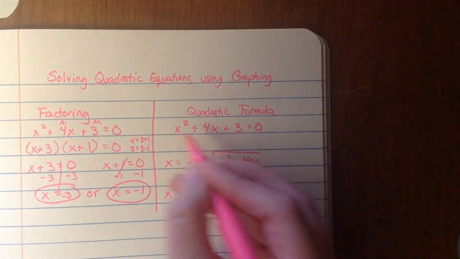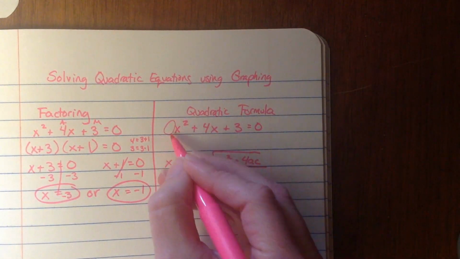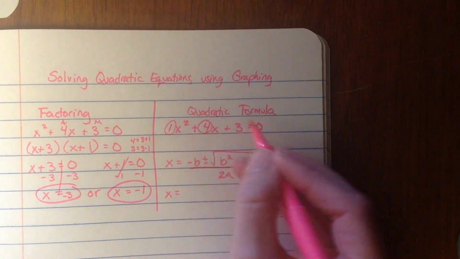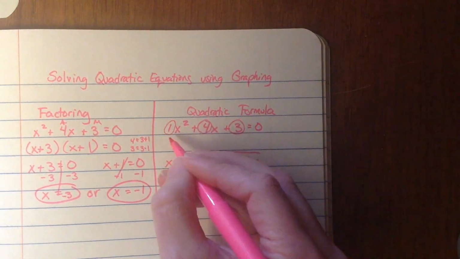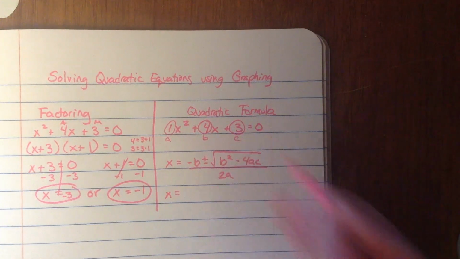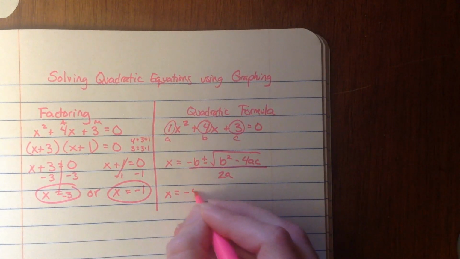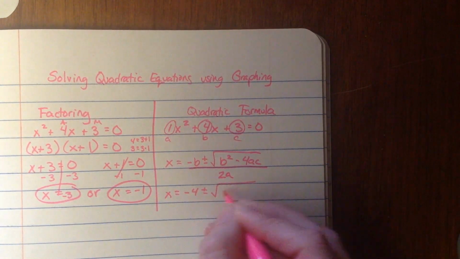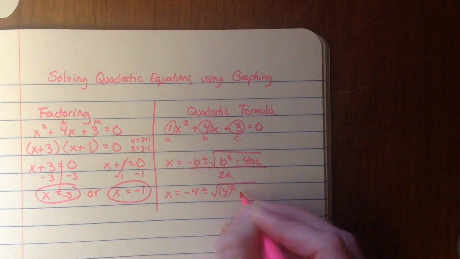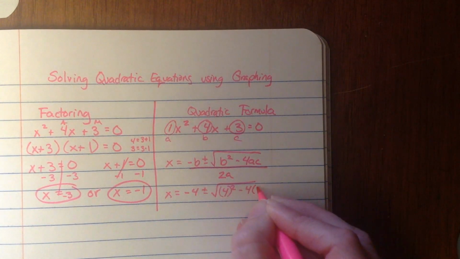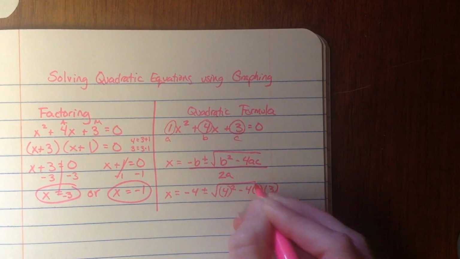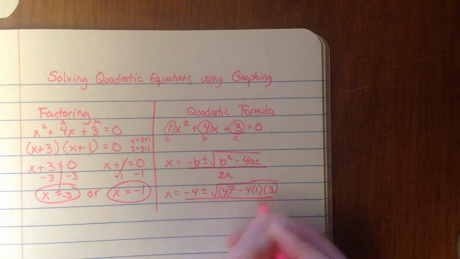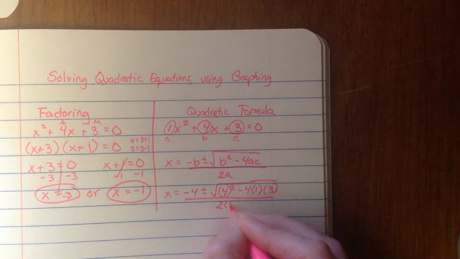So x is equal to, I've got my a value, which is 1, my b value, which is 4, my c value, which is 3. And so I'm just going to plug that in: negative 4 plus or minus the square root of 4 squared minus 4 times 1 times 3, from my a and my c, all over 2 times a, which a is 1.